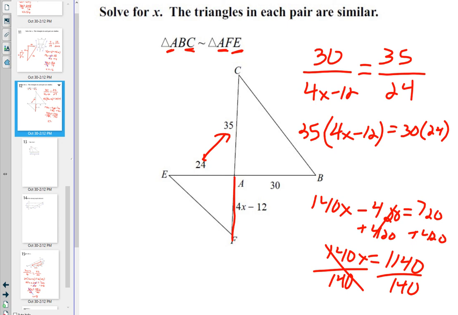AF corresponds to AB. 35 times 12. Did I write something wrong? That's what I got too. Let me see what the answer key said.